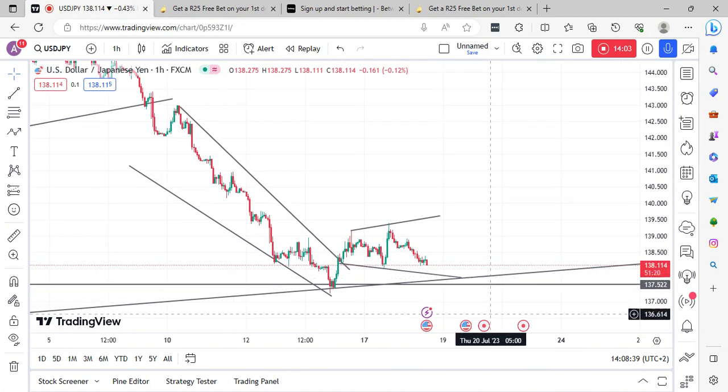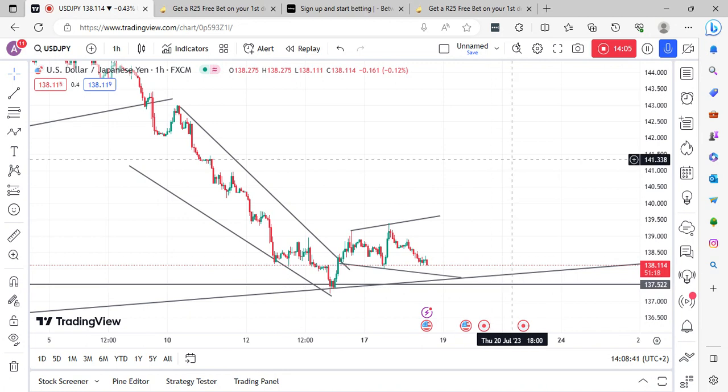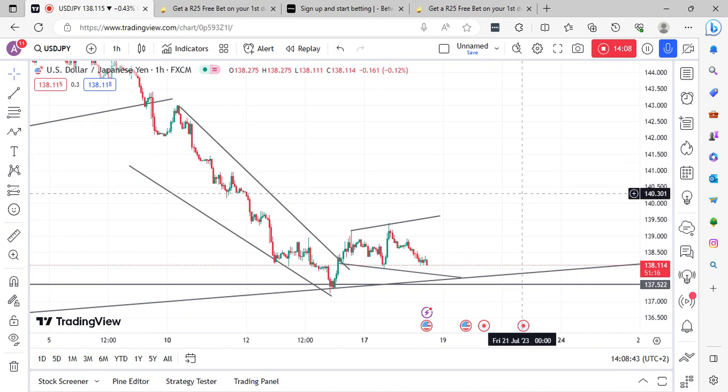So how do you now trade the fundamentals? Fundamentals always respect the movement of the structure of the market. I don't know if I make sense, but for fundamentals, the news, the CPI, the NFP, if you want to trade them, the first thing you do is your analysis. This is USDJPY.